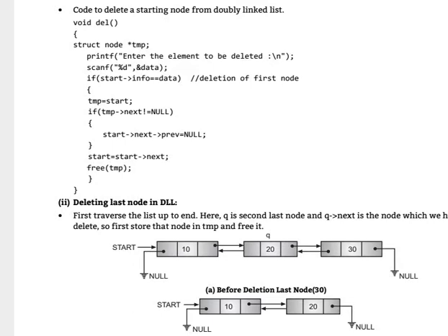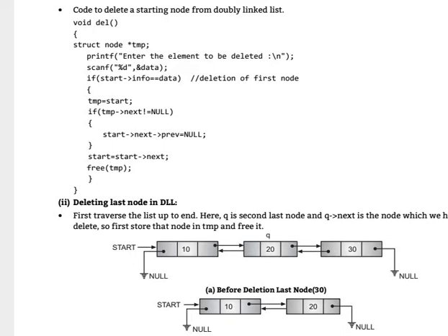If true, then start is initialized as temp, and if start next is not equal to null, then start next previous is initialized to null, and start next is considered as the start, and free temp.